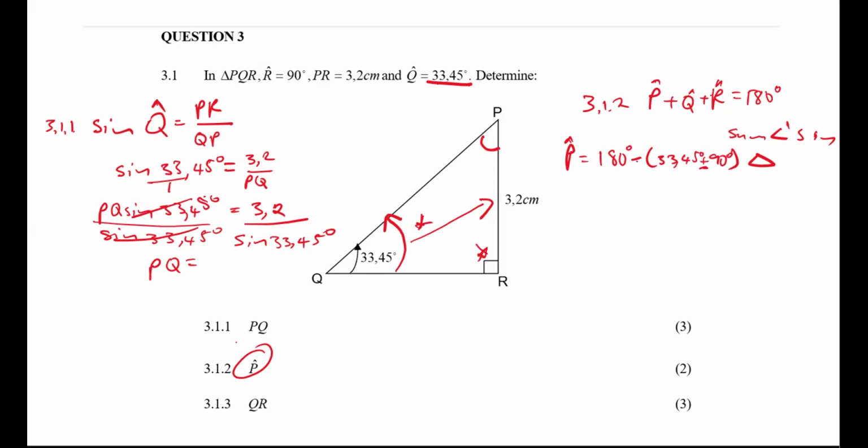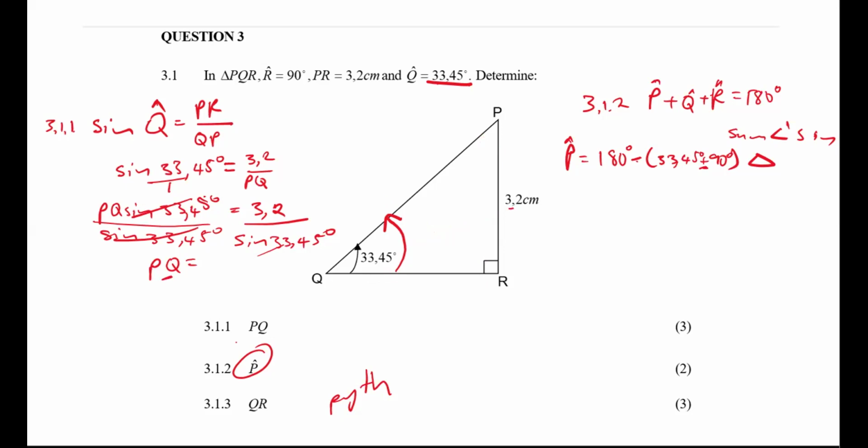Then QR. Because I have PQ, I can use Pythagoras to find QR. Or I can use tangent. This is the easiest one.